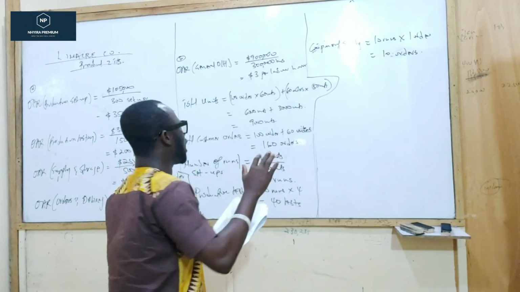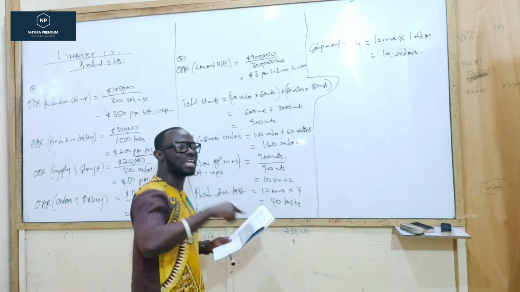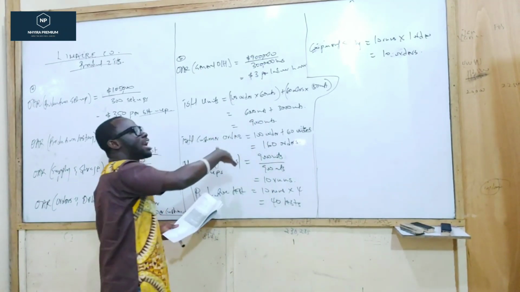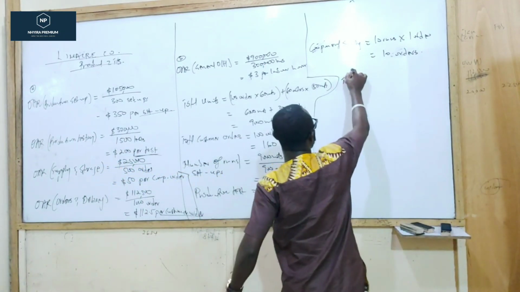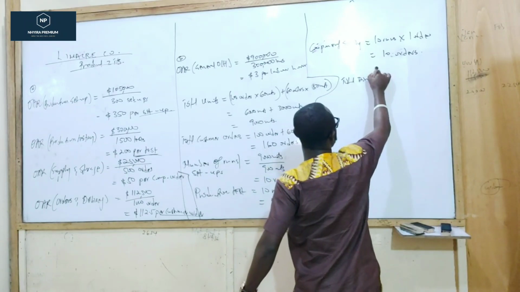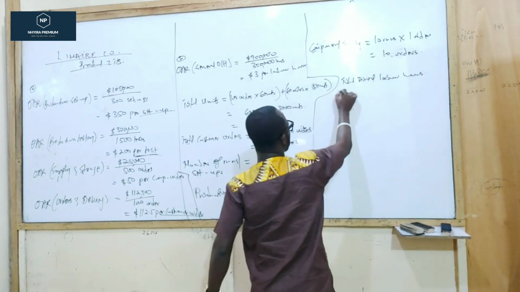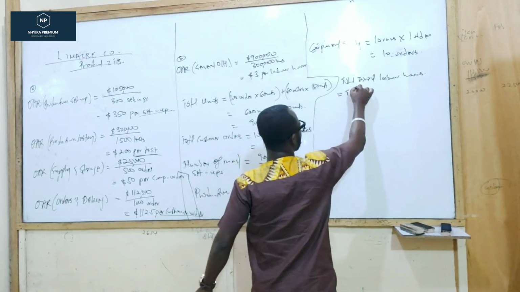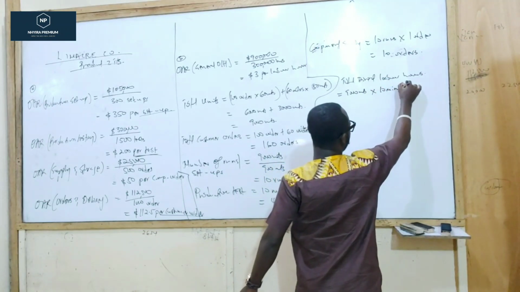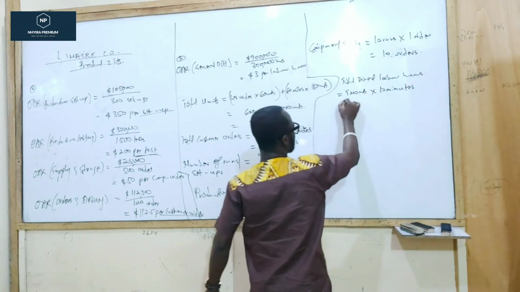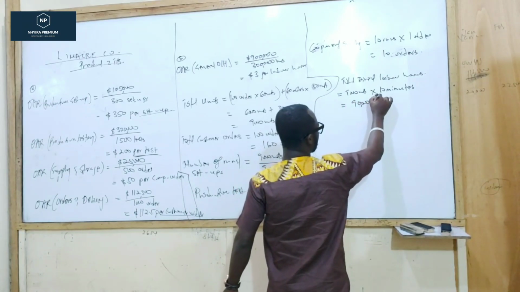If we are producing 9,000 units and each unit requires 10 minutes, then the total direct labor minutes will be 9,000 units times 10 minutes, which gives us 90,000 minutes.